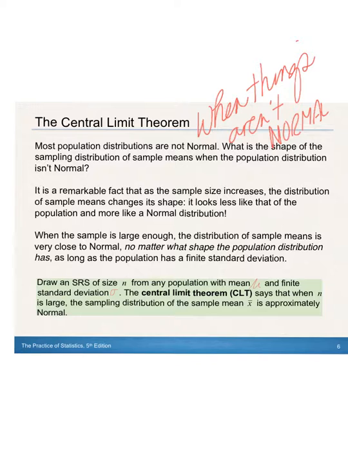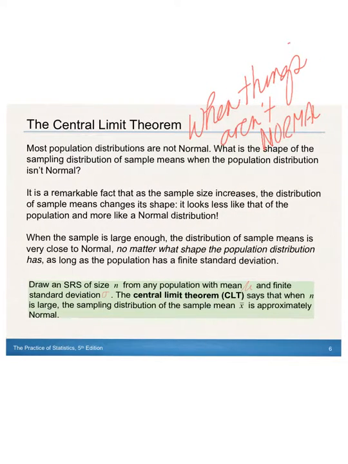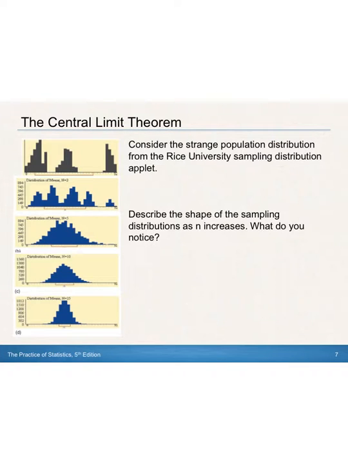And there's this important component that you have to have a finite standard deviation. You'll read that, and that just means that there's a specific one. It's finite. So the central limit theorem talks about what will happen when n is large. The sampling distribution of the sample mean is approximately normal.